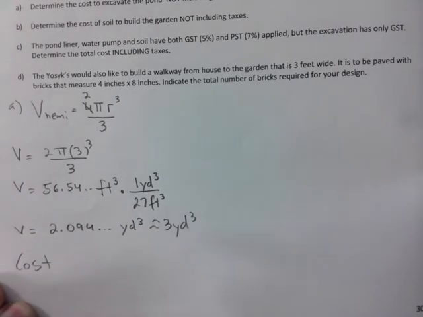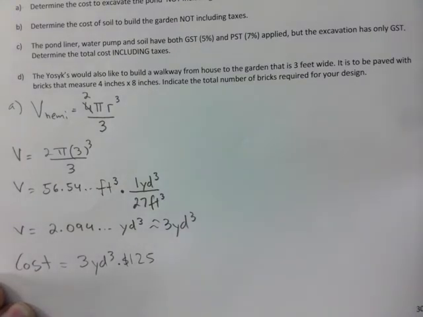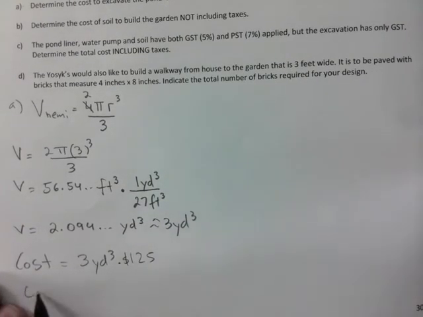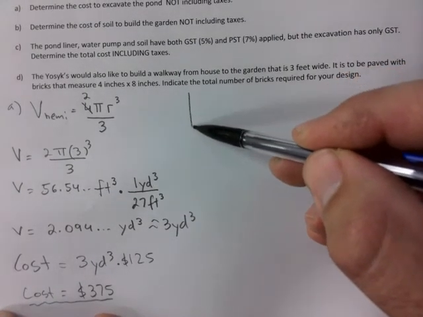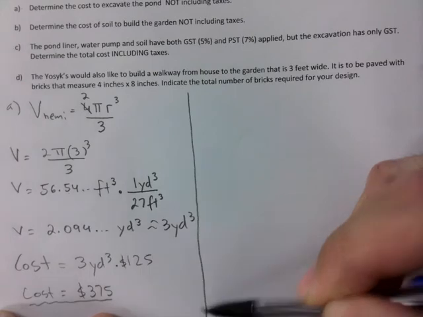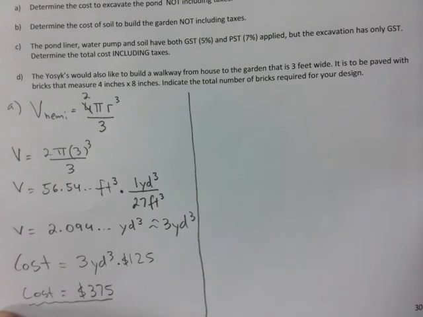Cost is 3 cubic yards times, what is it again? 125, right? Cost is 3 times 125, which is 375. That's it. B. I hope you understand why I rounded it to 3. You have to pay for the extra, okay?